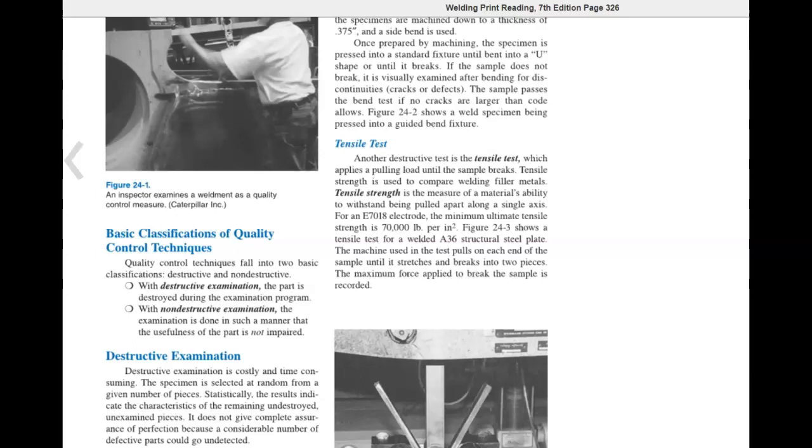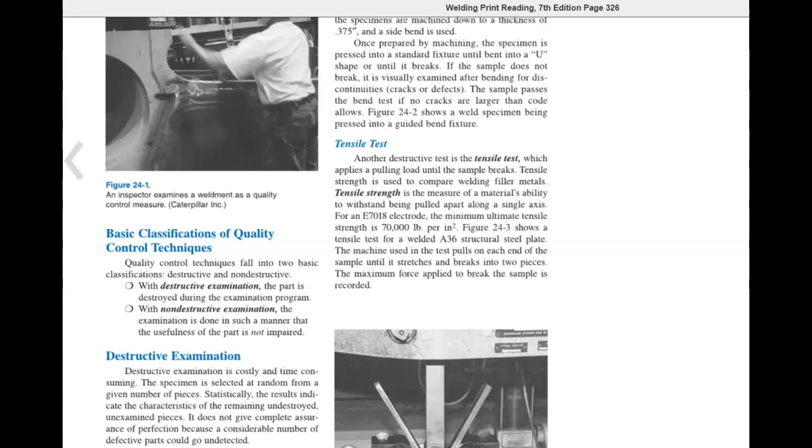For an E7018 electrode, the minimum ultimate tensile strength is 70,000 pounds per square inch. Figure 24-3 shows a tensile test for a welded A36 structural steel plate.